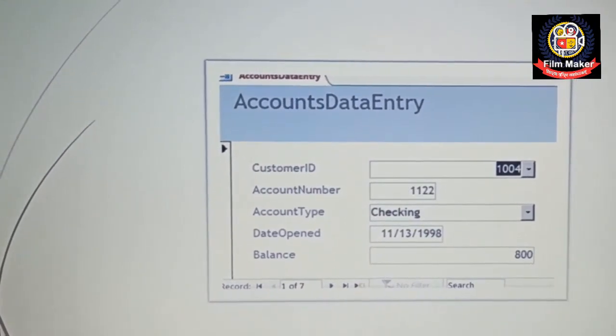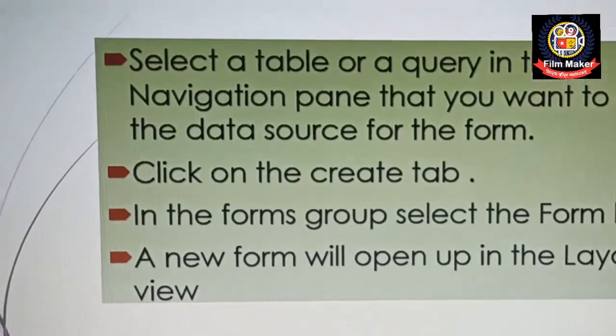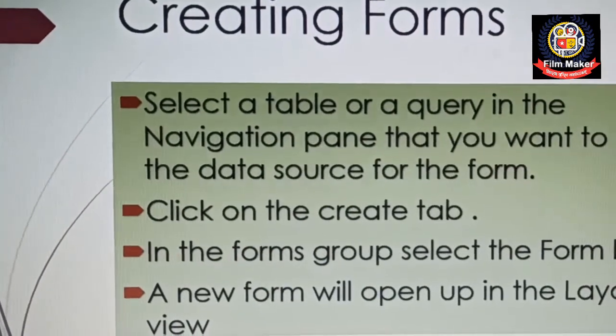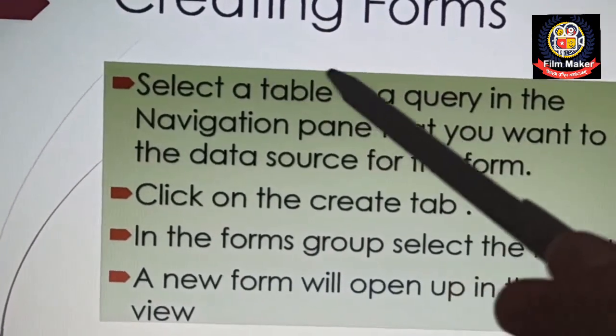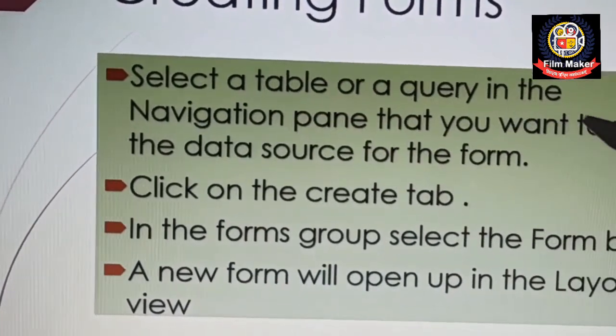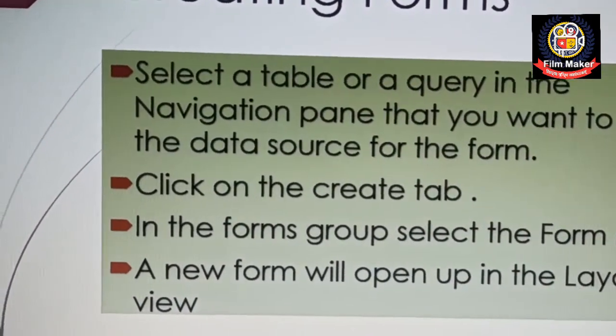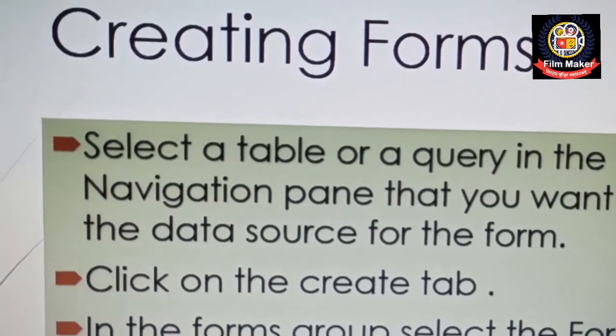Clear? So now we're going to talk about how we can create forms in MS Access. Select a table or a query in the navigation pane that you want to use as a data source for the form.